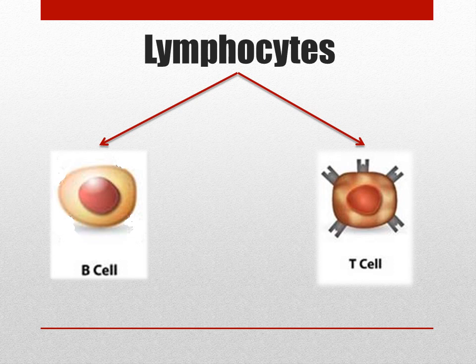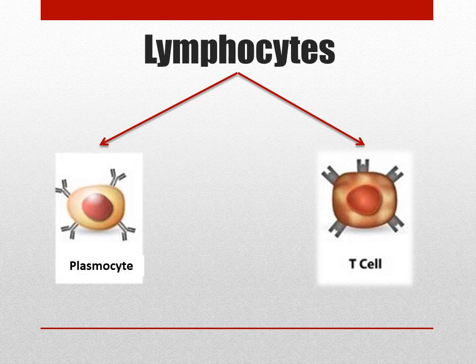When attacked by pathogens and when activated, B cells will change into cells called plasmocytes. Plasmocytes secrete antibodies into your bloodstream in order to attack pathogens and neutralize them, while T cells are the main regulators of your immune system.